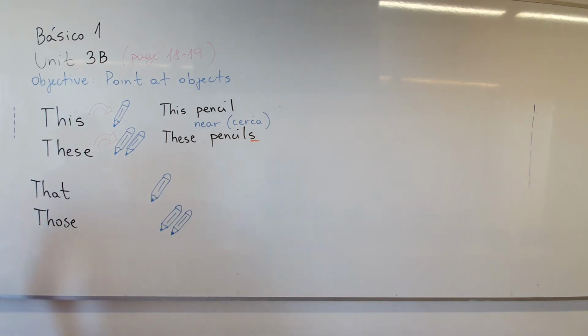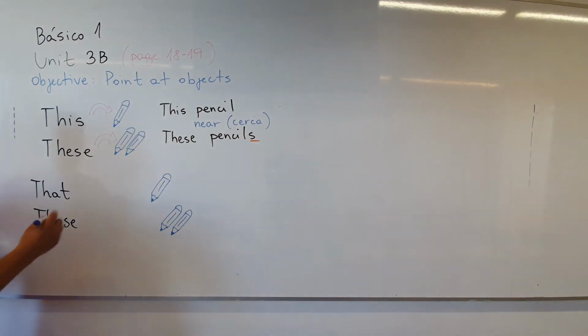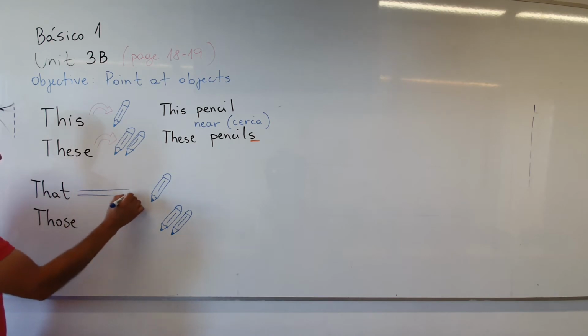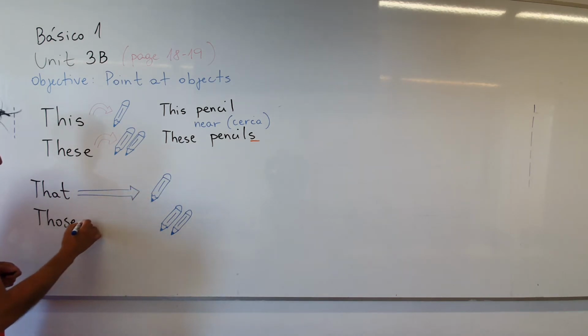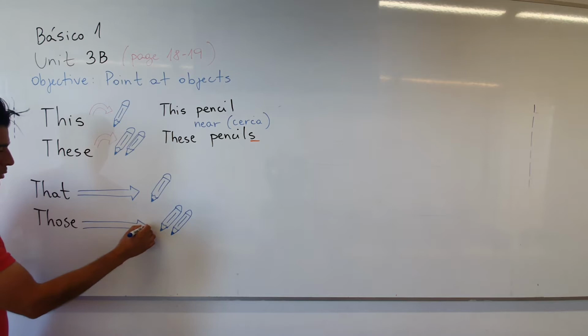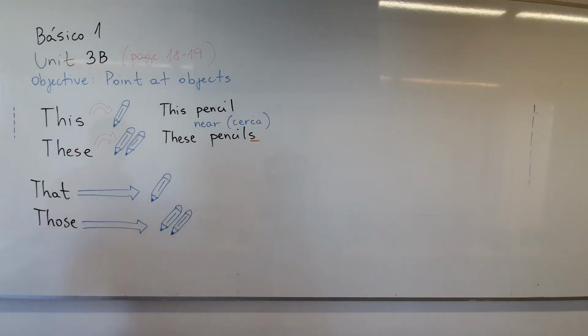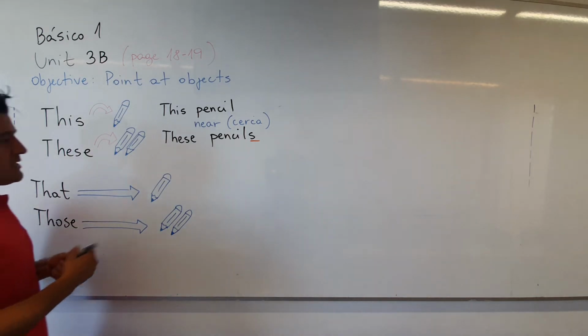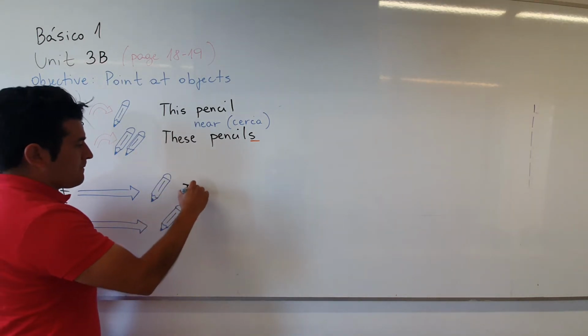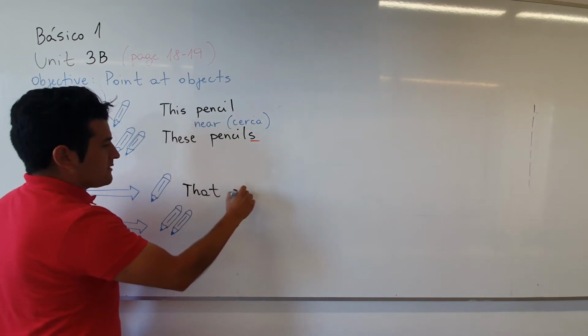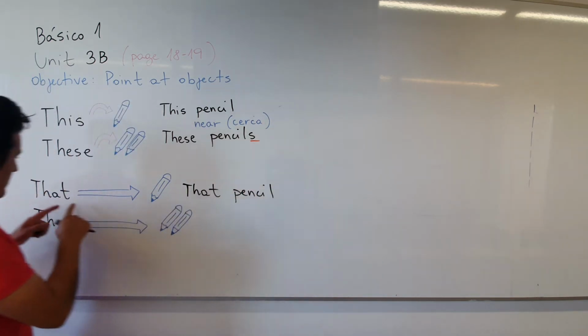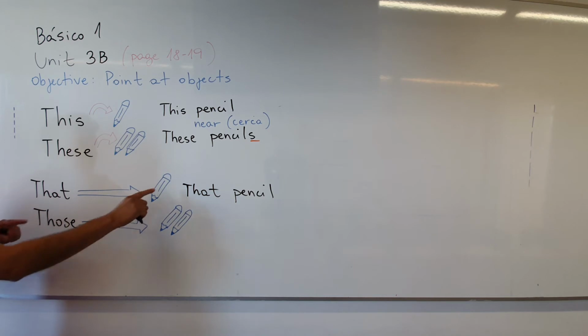What happens when they are far? Cuando los objetos están lejos. Por ejemplo, uno dice, esa casa. Okay, so in this case, when they are far, we use that and those. For example, in the case of this pencil, we say, that pencil, that está lejos.